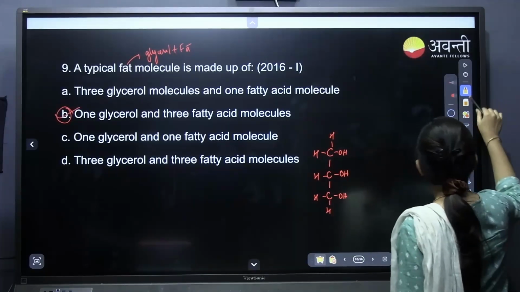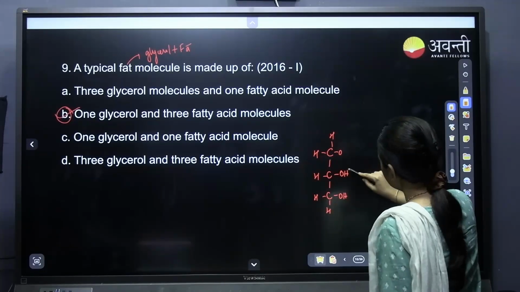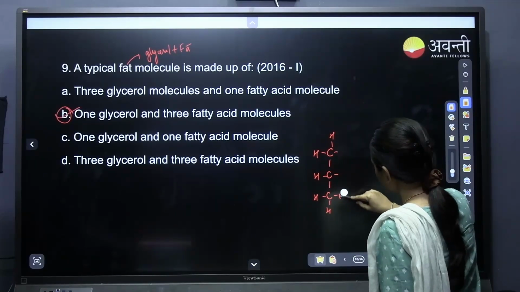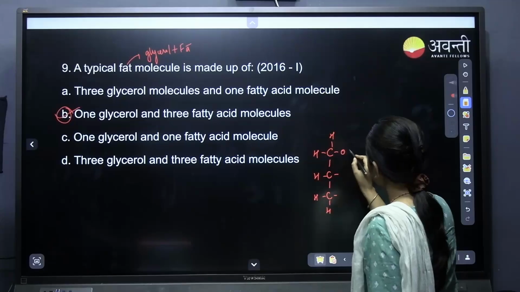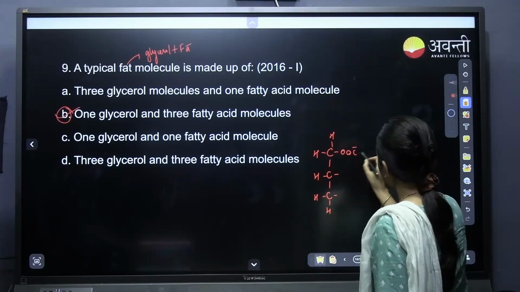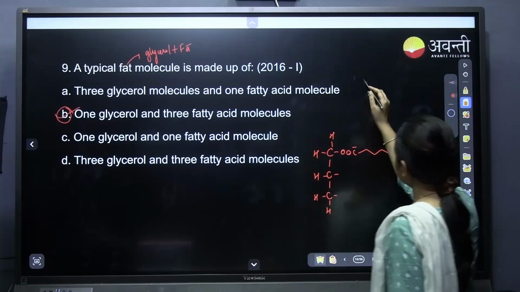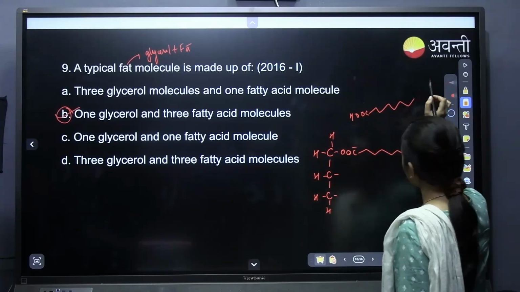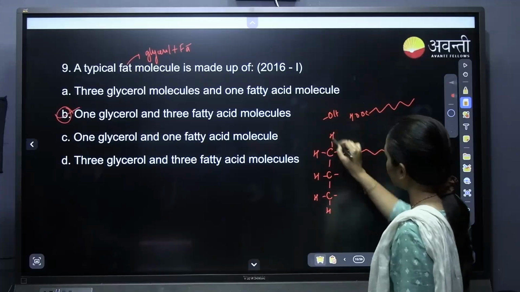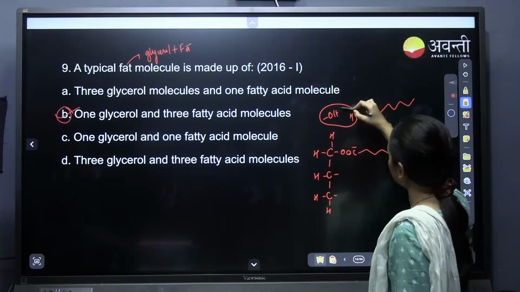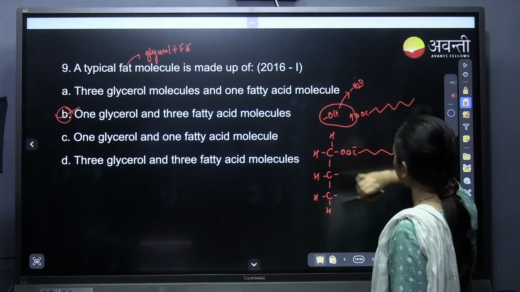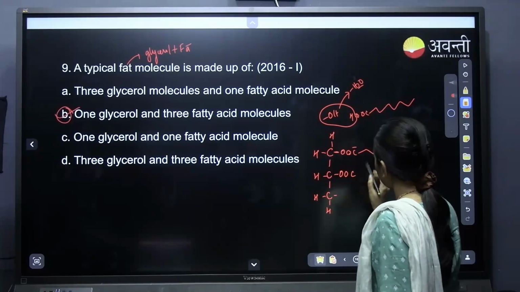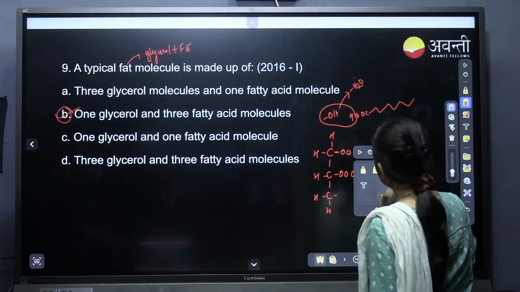There will be removal of the OH group from this, and the H from the glycerol OH; a dehydration reaction takes place, and this will bind to the carbon atom like this. Now there is no OH here, yes.